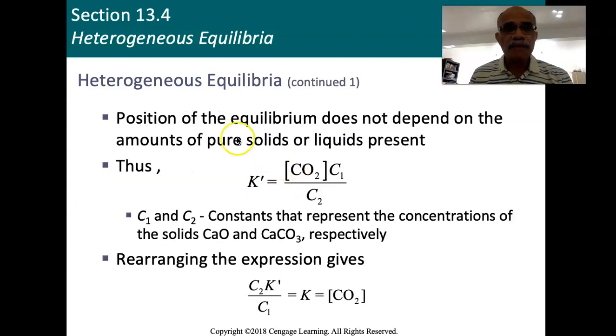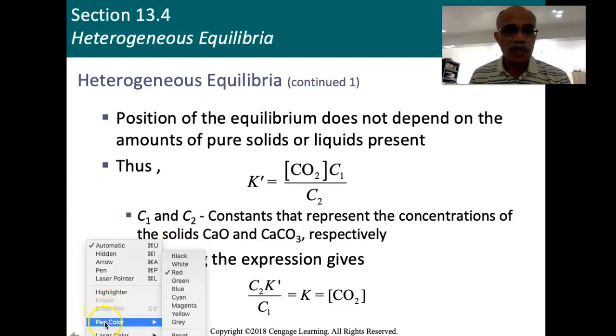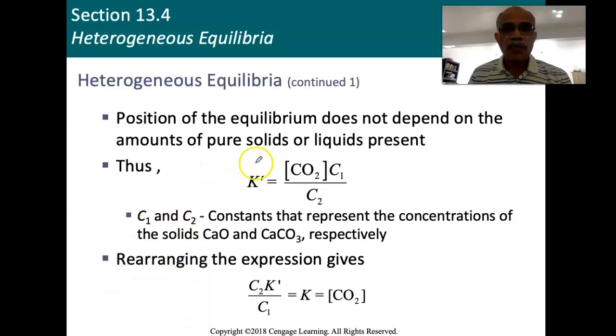Now we'll see the statement right above here. The position of equilibrium does not depend on the amounts of pure solids or liquids. So let me highlight that. Pure solids or liquids are not considered to be dependent on the position of equilibrium.